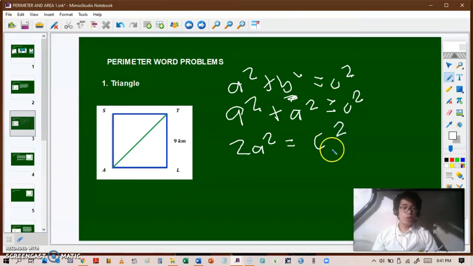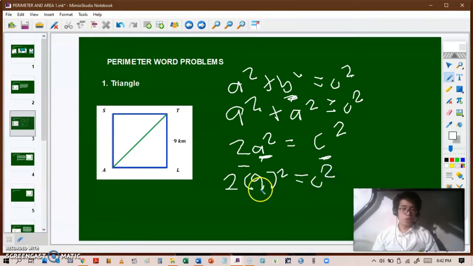Now we don't know the value of c, but what we do know is the value of a. The value of a is our side measurement, so that's 9 kilometers. So that's going to be 2 times 9 squared is equal to c squared.